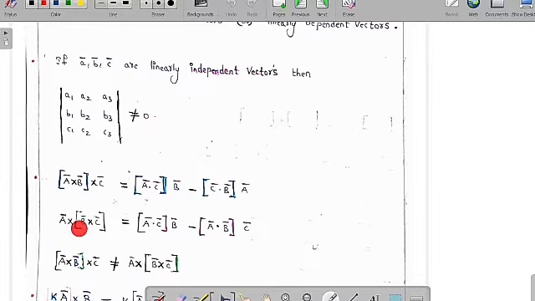See, this is a very basic formula in vector calculus: A bar cross of B bar cross C bar is equal to, take brackets on the two sides and go for the dot product, A bar dot C bar times B bar. Now interchange B bar and C bar, and you get the other result.